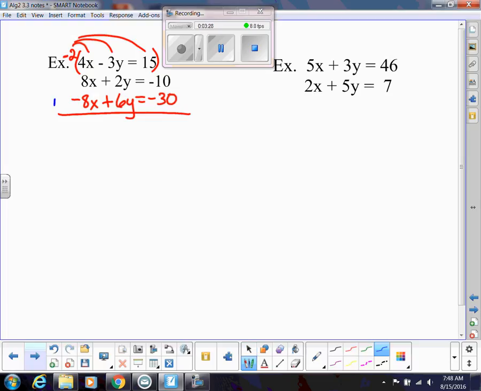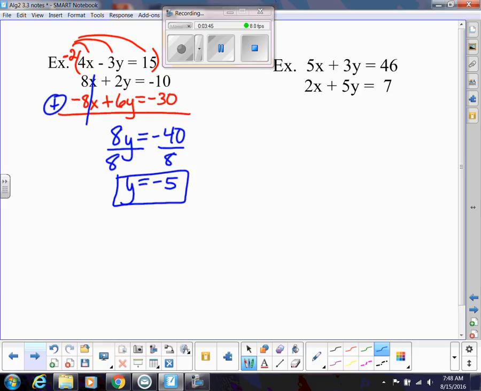Now I've multiplied, and I have inverses in front of the x. When I add these equations together, the x's cancel out. I get 8y, and over here I get -40. If I divide by 8, I'm going to get -5 for my y. Now I'm ready to plug that back into one of my original equations. I'm just going to pick this one right here.